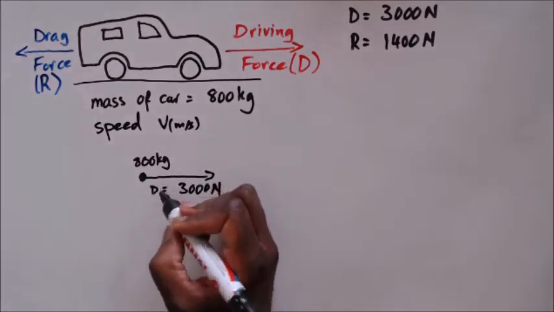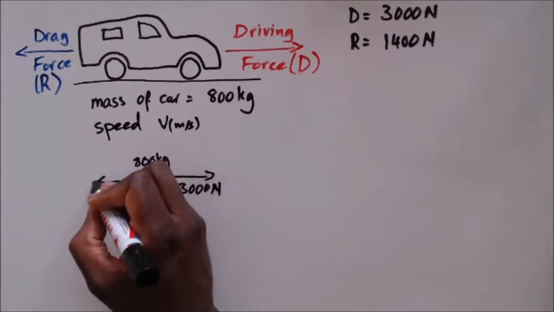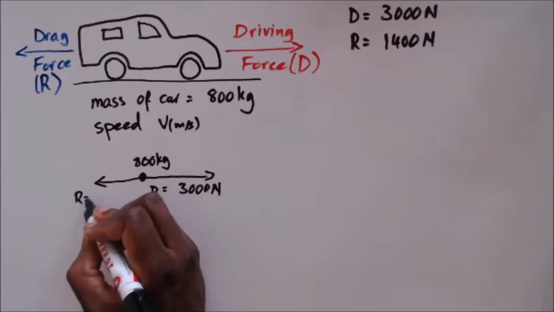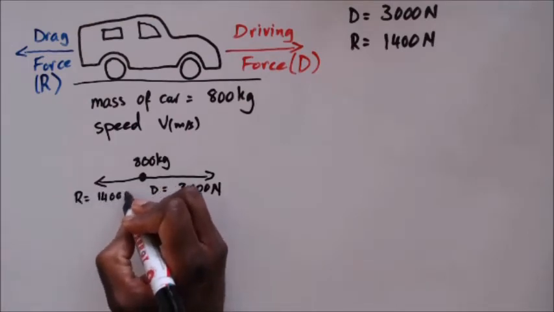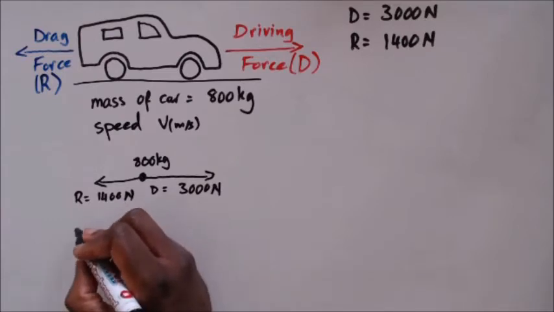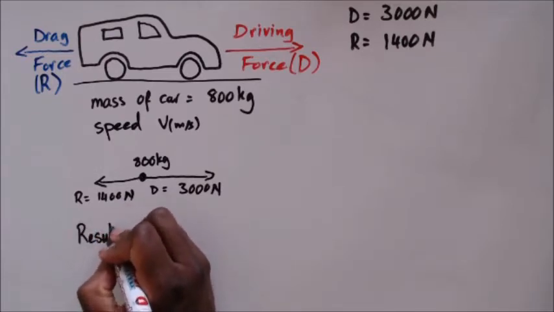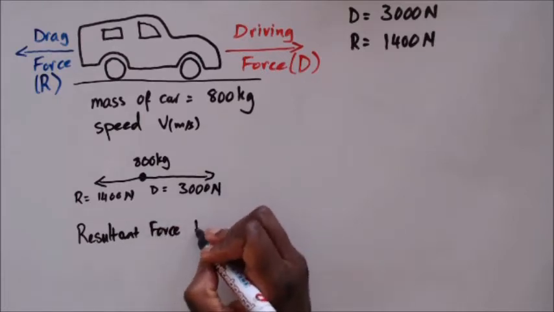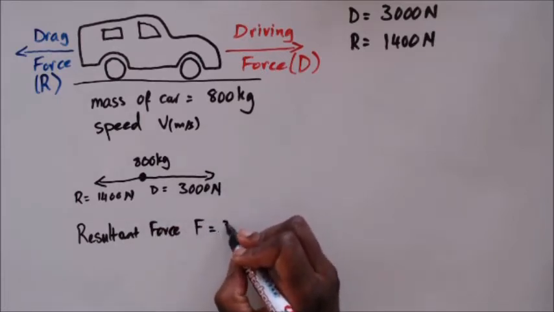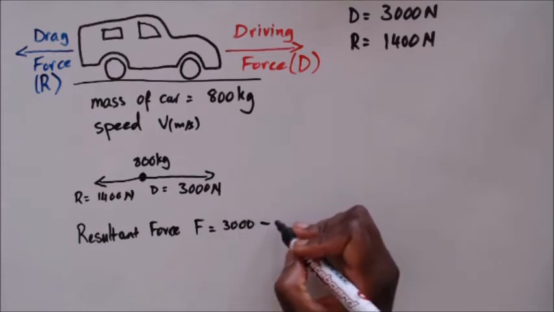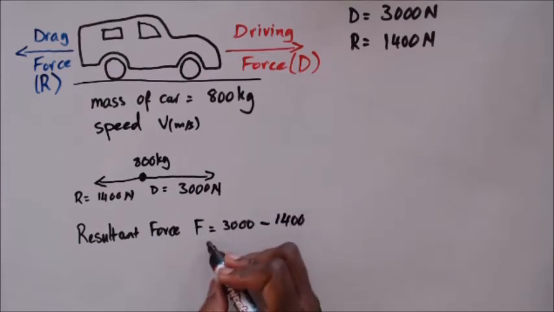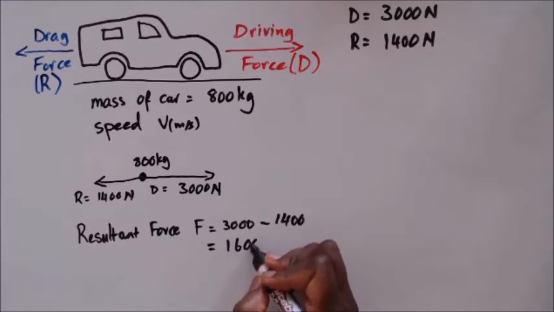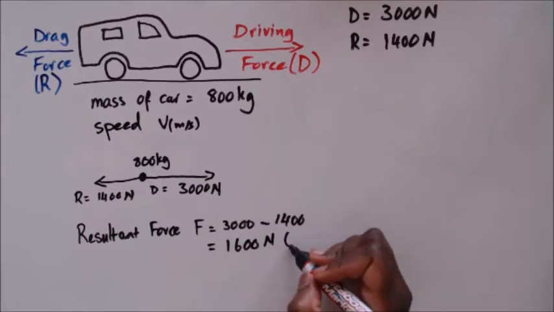And that's D. And to the left, opposing that motion, we've got a force which is R, which is equal to 1,400 newtons. So the resultant force, and very often we'll call this F, is equal to 3,000 minus 1,400, which gives us a resultant force which is 1,600 newtons. And that's to the right.